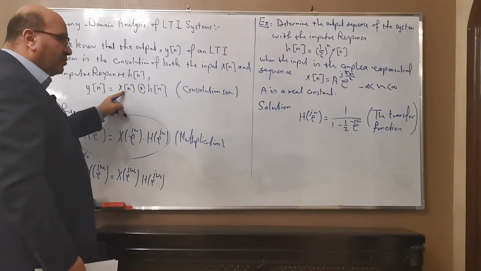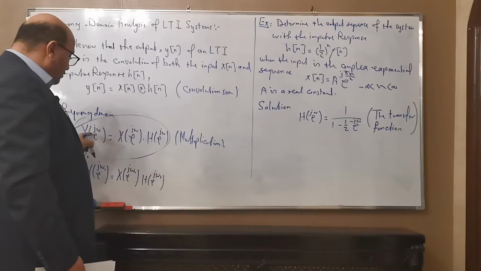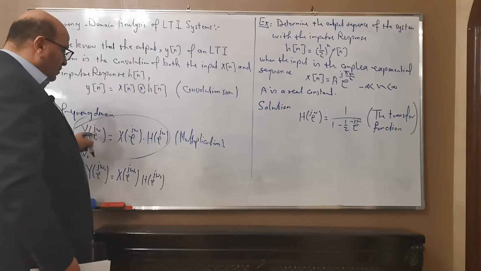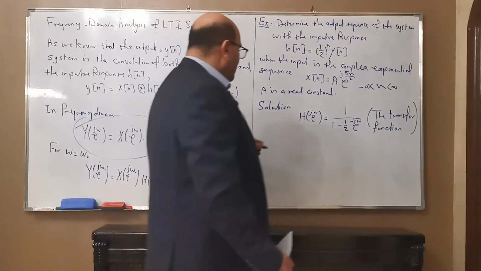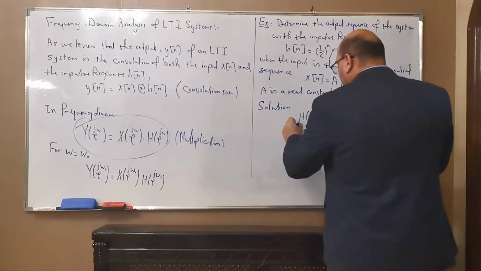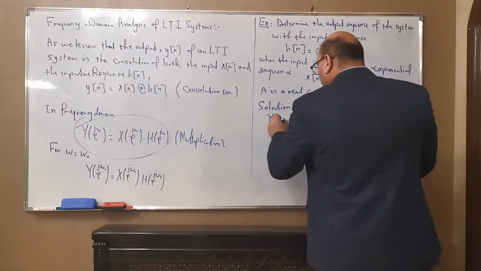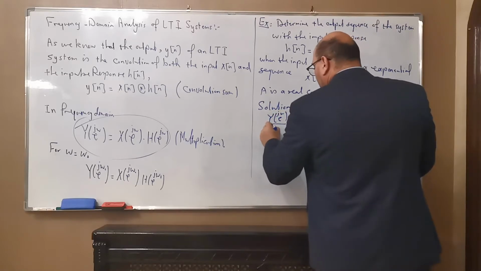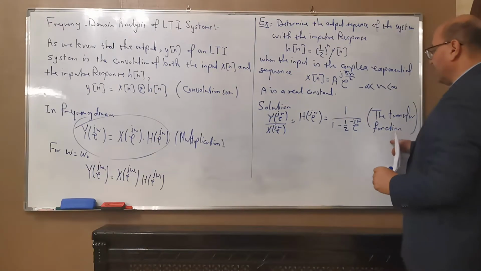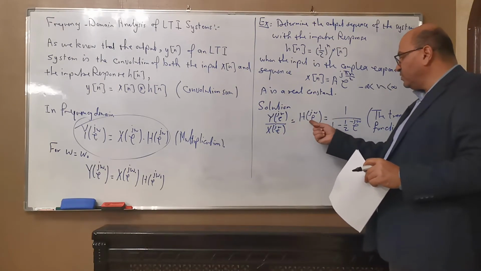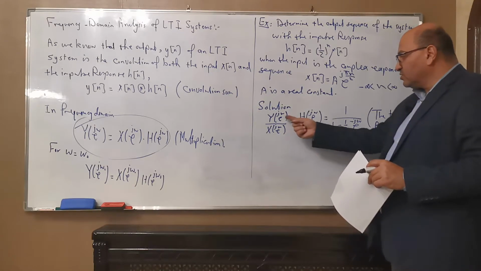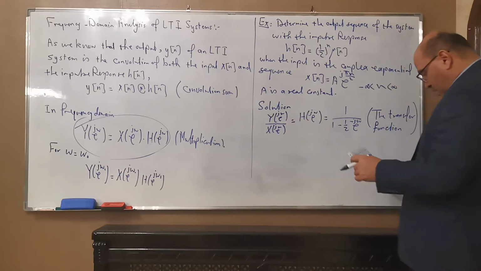You have to do the convolution. But here you can divide them in frequency because they are already multiplication. So this one is also equal to Y of e^jω over X of e^jω. This is why they call it the transfer function. To transfer the input through this transfer function, you get the output.